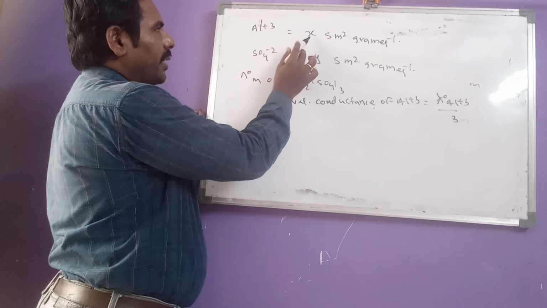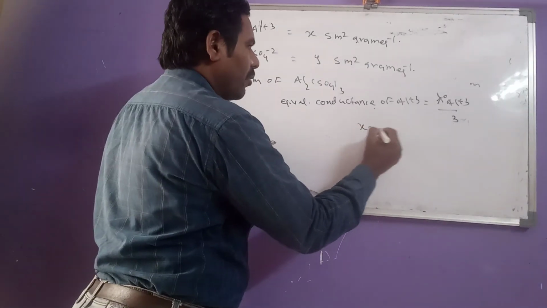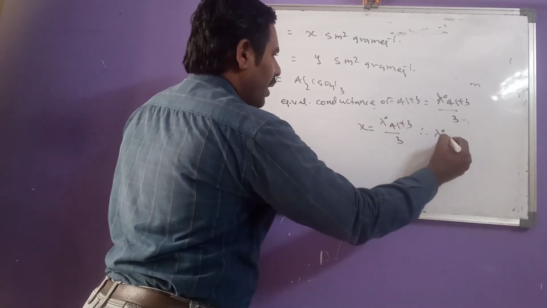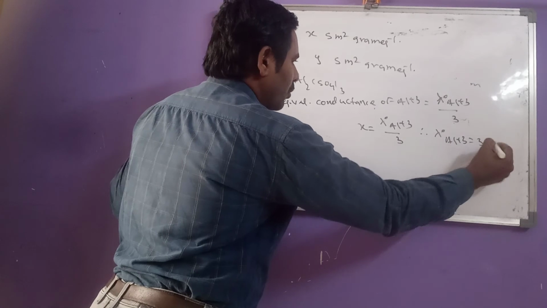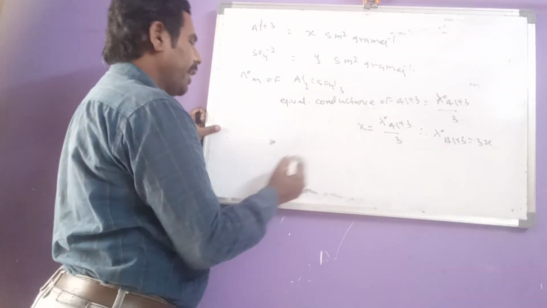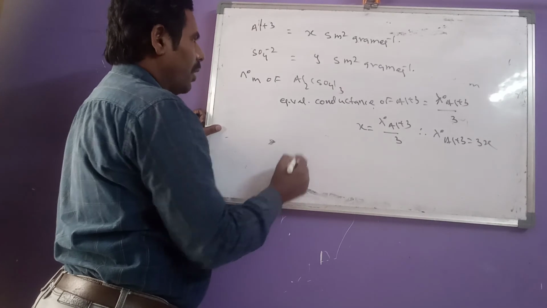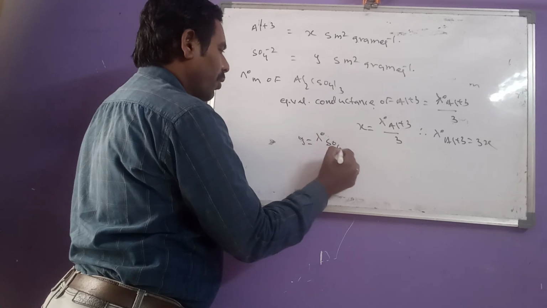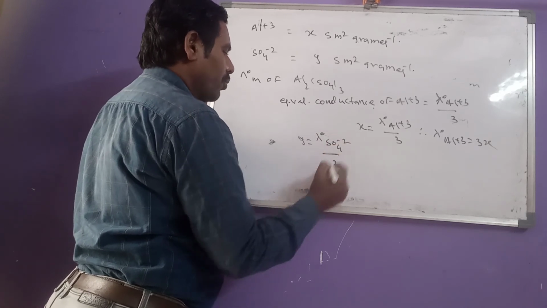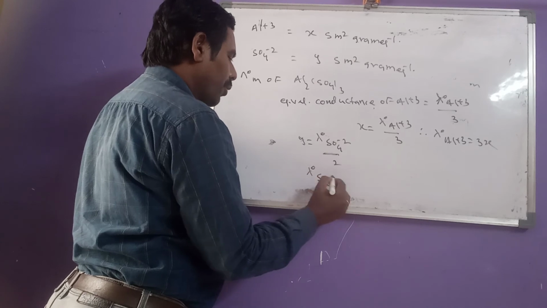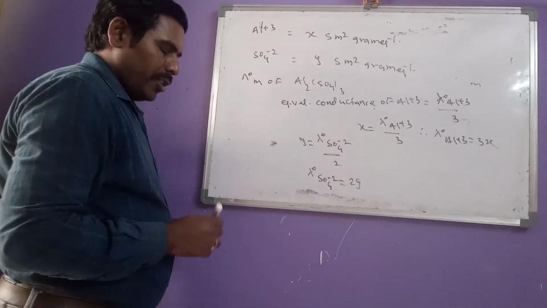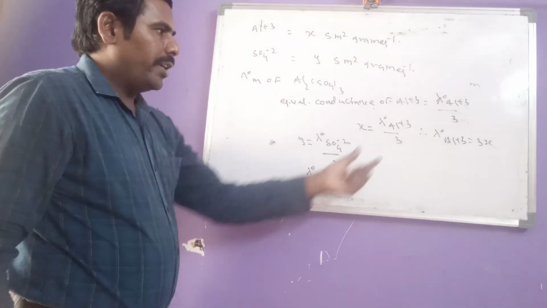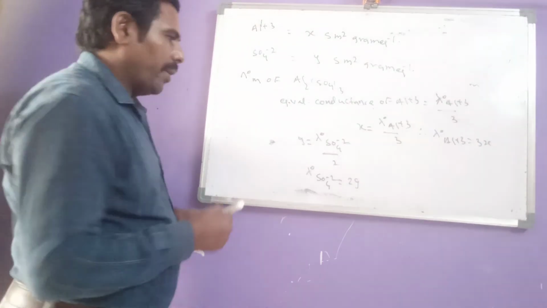Already equivalent conductance they have given, x. So x equals lambda naught Al plus 3 by 3. Therefore lambda naught Al plus 3 equals 3x. In the similar way, for SO4 minus 2 also, they have given y. So y equals lambda naught SO4 minus 2 by its valency 2. Therefore lambda naught SO4 minus 2 is 2y. So we determined individual ionic conductivities of Al plus 3 and SO4 minus 2.